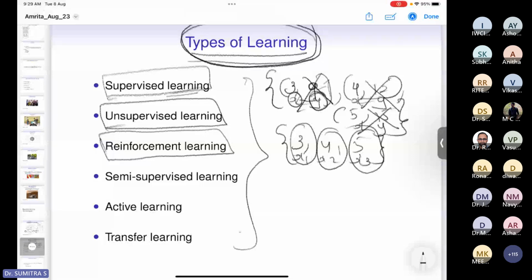To get more biscuits, or more rewards, the dog will understand what it has to do. From that information, to increase the number of rewards, it will do the task. This is how we teach a dog to do certain tasks.